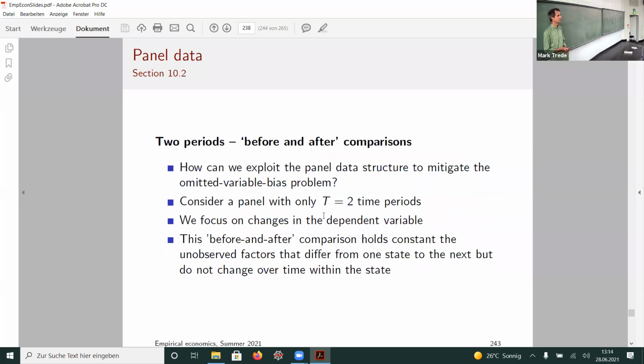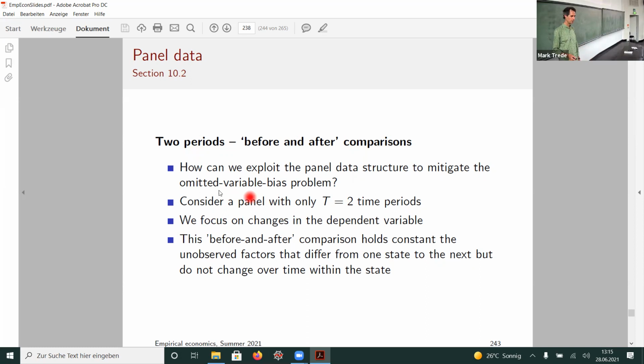So let's simplify the problem a bit. Let's only look at two periods, before and after the comparison. So we exploit the panel data structure to get, in a way, rid of this omitted variable bias problem and to get rid of the criticism that some omitted variables are still there.